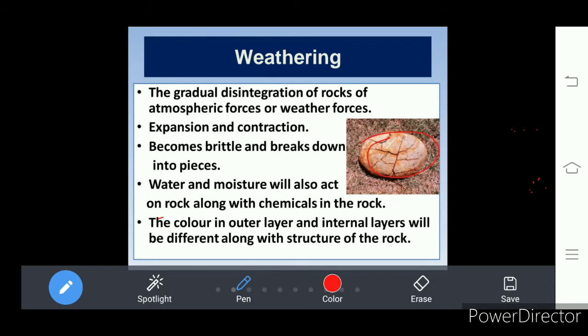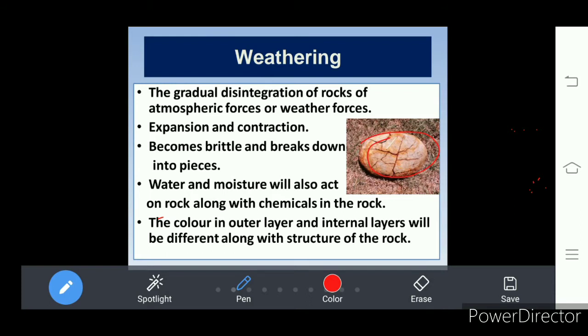Okay, see, throughout the year we find several seasons: winter, summer. In summer it is very hot, so the rock is exposed to sunlight, so it expands. And in winter it is cold, so the rock contracts. So contraction, expansion, again contraction, expansion.